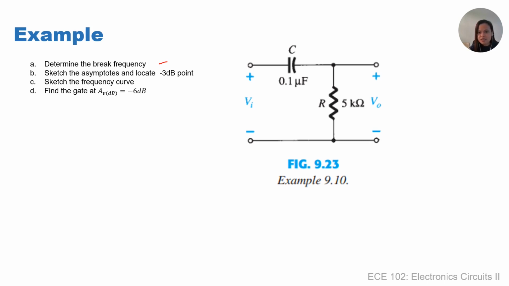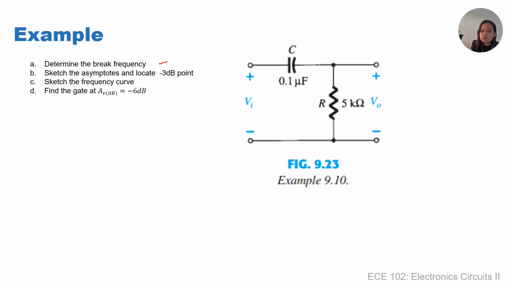We already derived the equation for determining the break frequency using the resistor and capacitive element, so we'll just substitute that. Next is to sketch the asymptotes and locate the negative 3 dB point. Asymptotes are the lines that approach 0 dB. Next is to sketch the frequency curve.